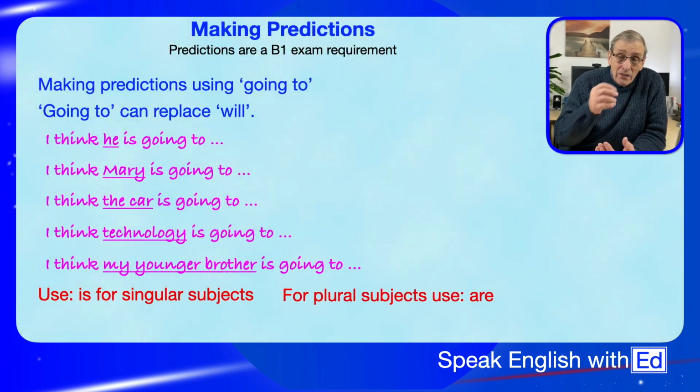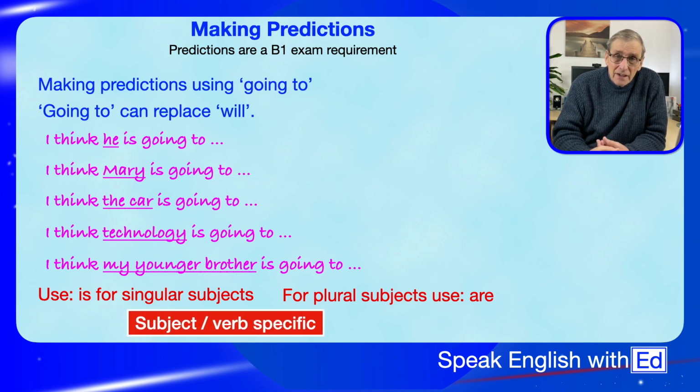But if you're using a plural subject, they, for instance, you use are: they are, we are, you are. So make sure that you get the right verb with the right subject, because subjects are verb specific.